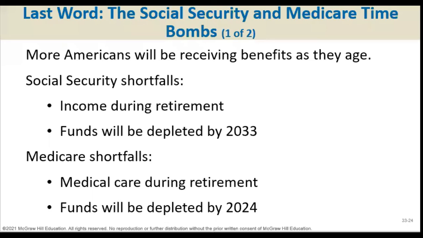Right. There is an impending long-run shortfall in Social Security funding. Why? Because the program is a pay-as-you-go system. What that means is that the current revenue collected is used to pay current retirees, instead of paying from a fund accumulated from previous years.